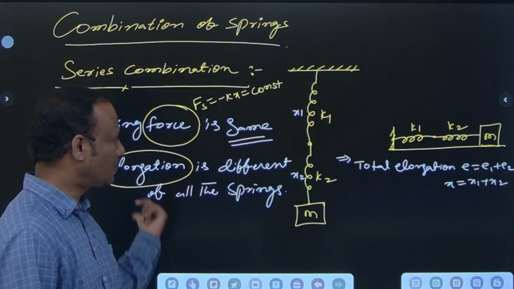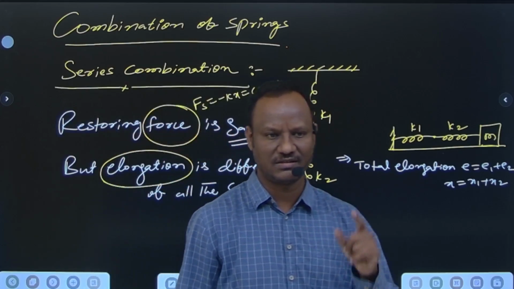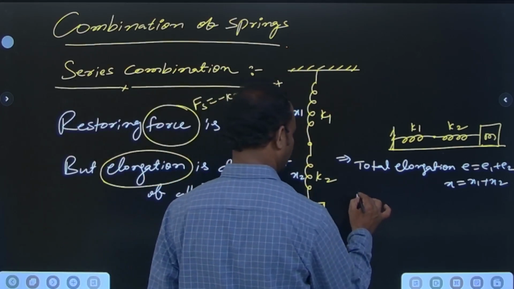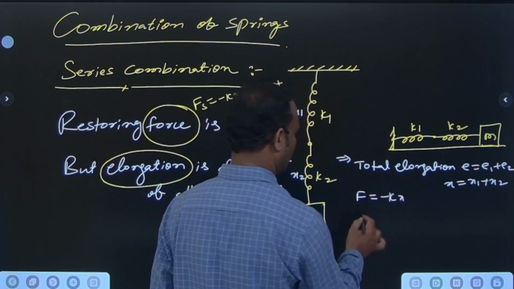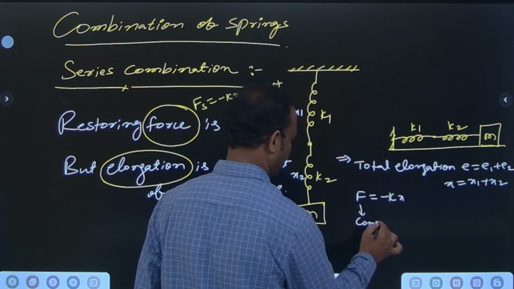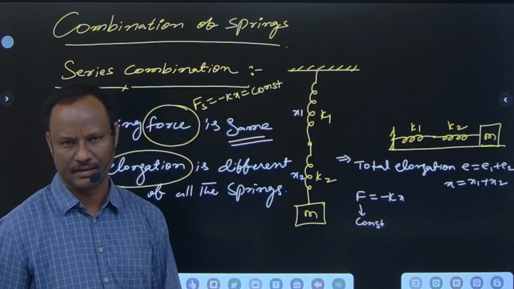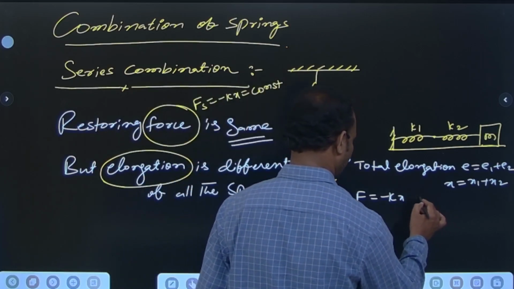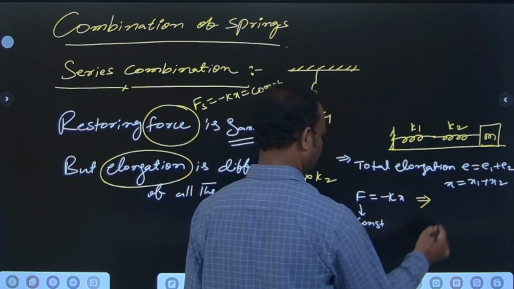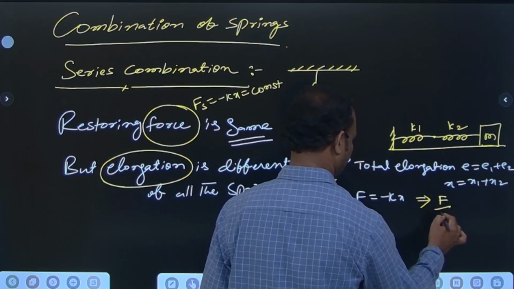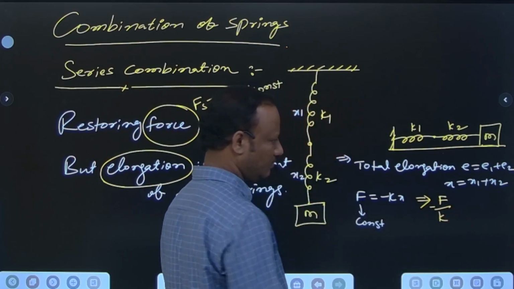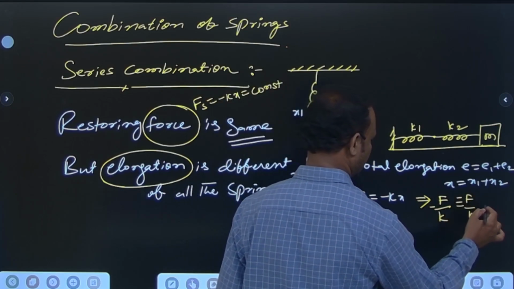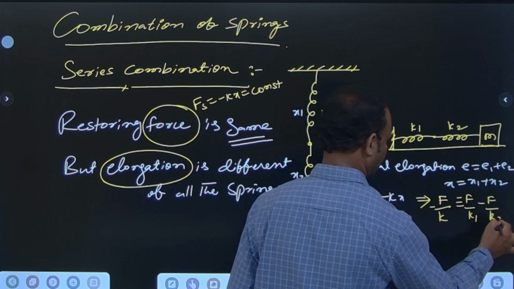What is the formula for spring force? I just discussed it in the problem. Which is constant? That constant term should be in the expression. The condition is F is equal to minus kx. F is constant, and x is different for different springs. So from this condition, x is F by K, which is minus F by K1, next minus F by K2.